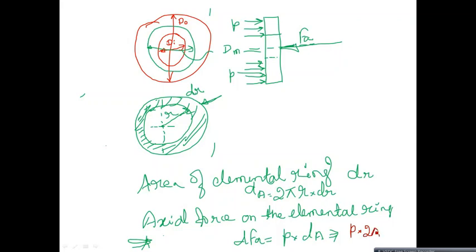P into area will give the force. Now let us substitute the equation of area which we got earlier. P is the pressure intensity, and 2 pi r into dr is the area. Let us note this as equation number 1.